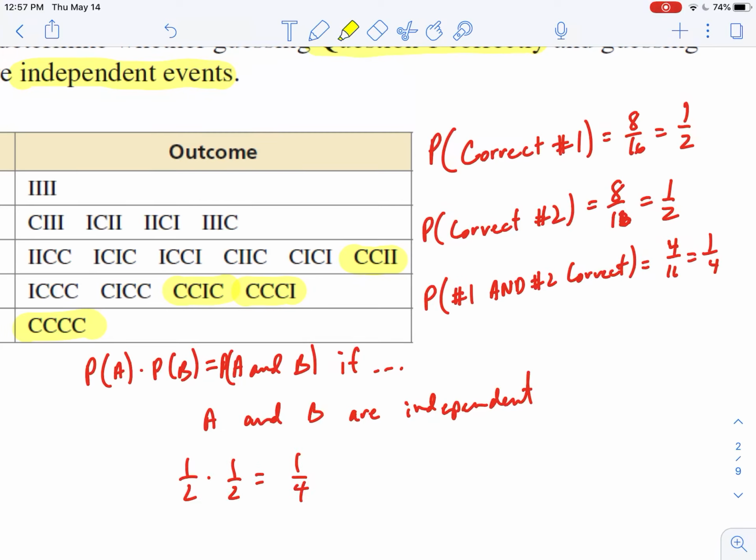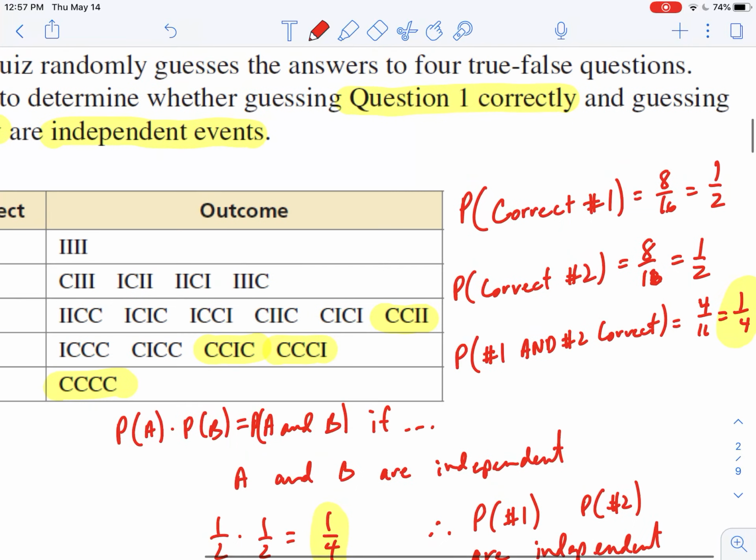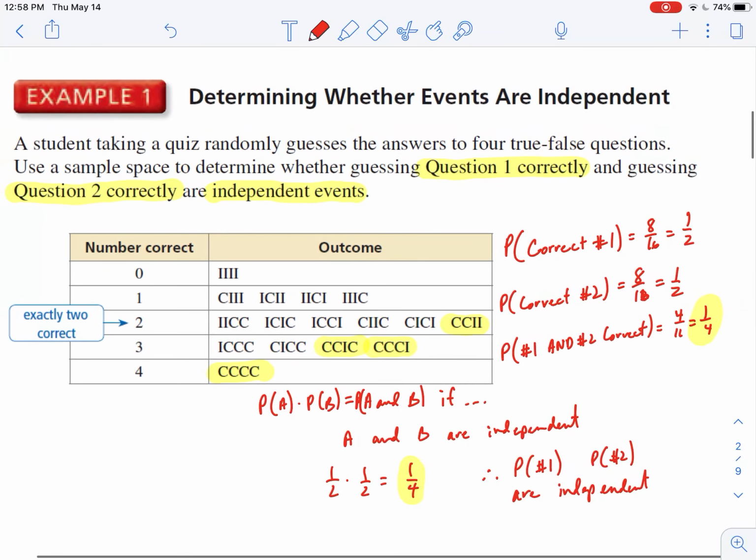The good news is that's the same answer that we got here. So we know that the probability of getting question 1 correct and the probability of getting question 2 correct are in fact independent because of that multiplication equality. So that's an example where we were able to show that these two events are independent.